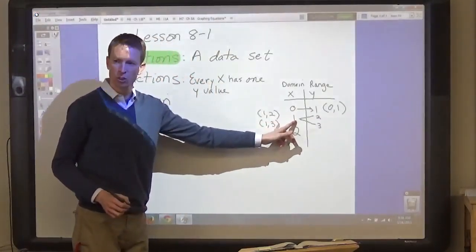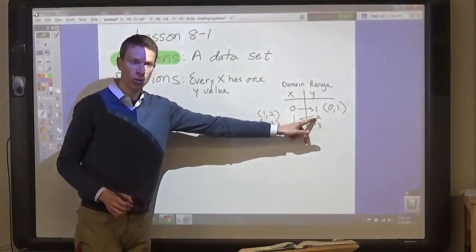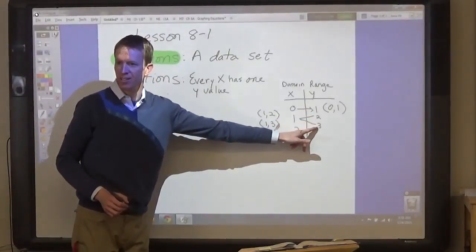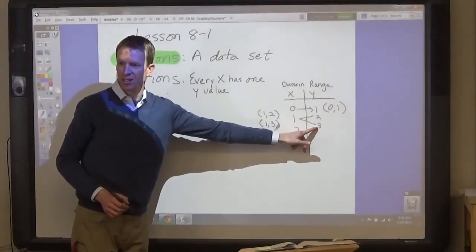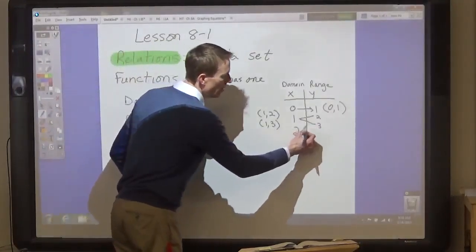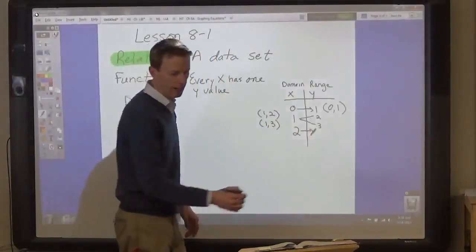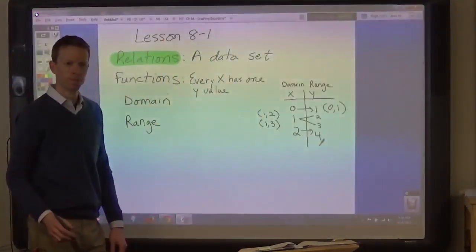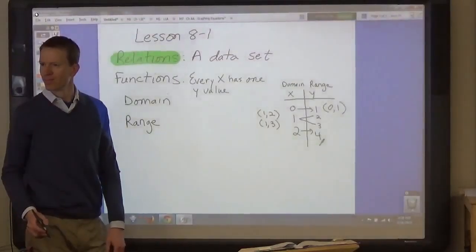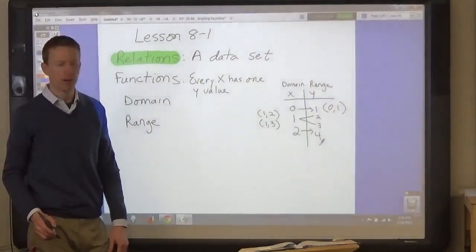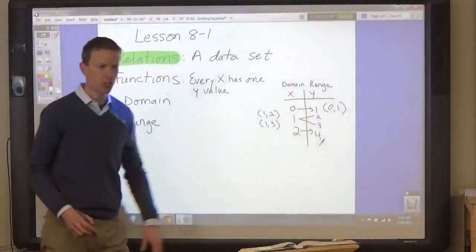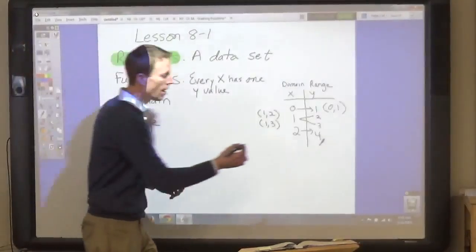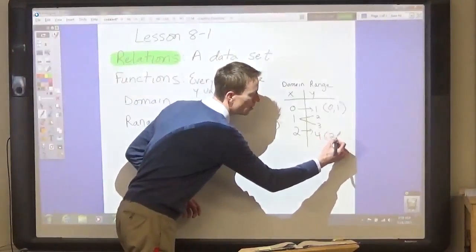See? For the x-coordinate 1, it goes with 2 and with 3. Then, what would this point represent? 2 goes with 4. 2, 4, yeah.